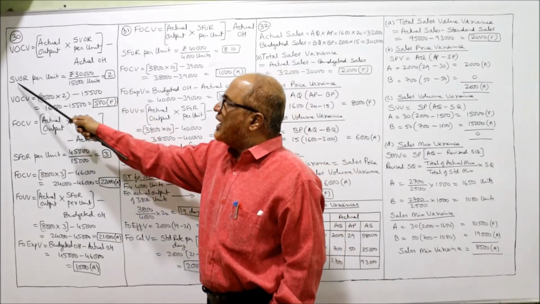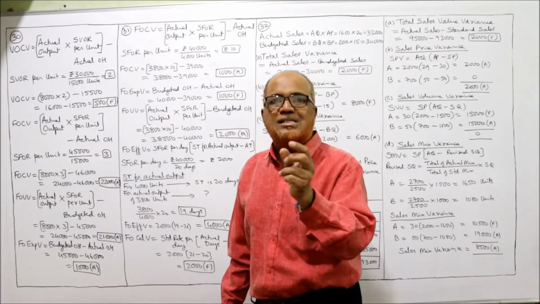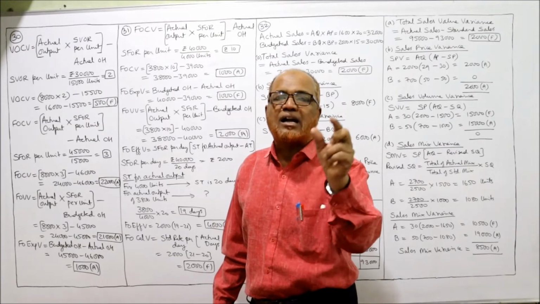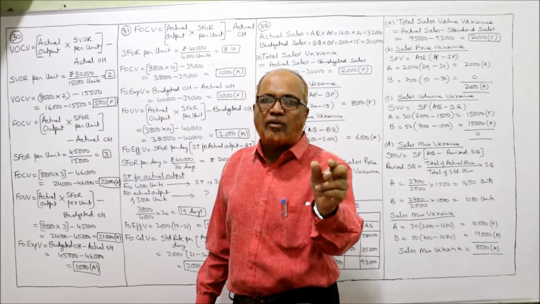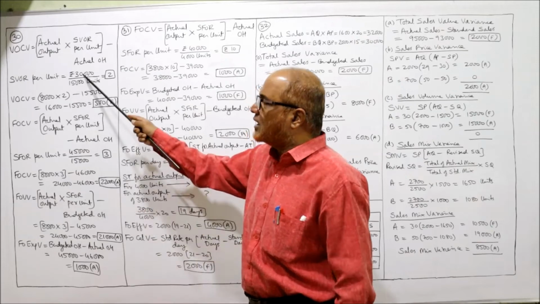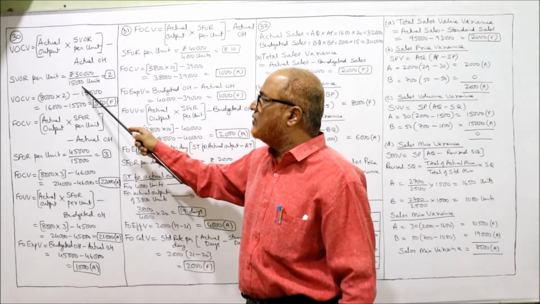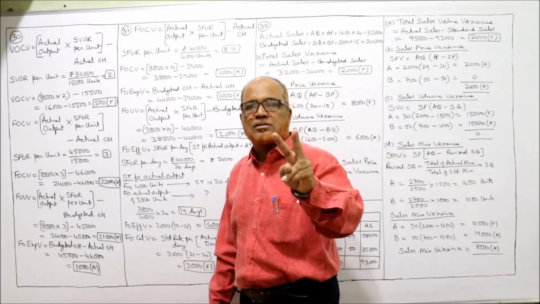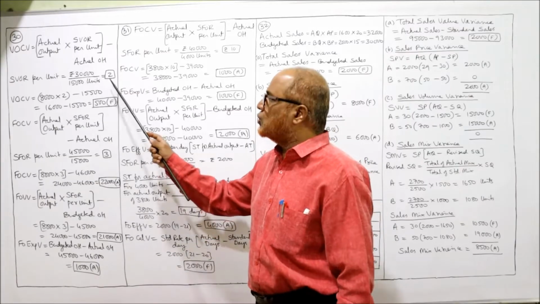So first we require SVOR per unit. Standard variable overhead rate per unit is equal to standard variable overheads divided by standard output. The standard variable overheads are given as 30,000 and the standard number of units produced is given as 15,000. So 30,000 divided by 15,000 is 2 rupees. So SVOR per unit is 2 rupees.